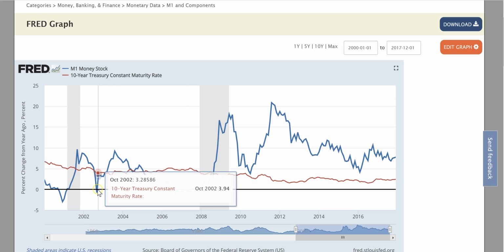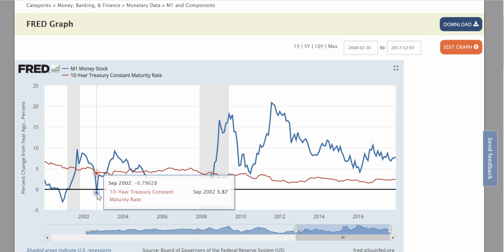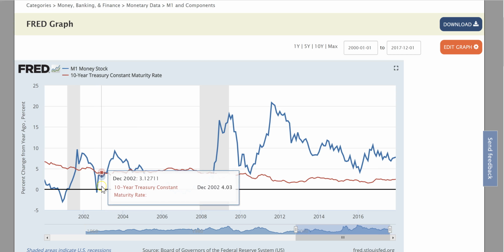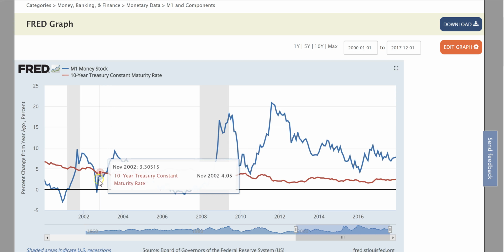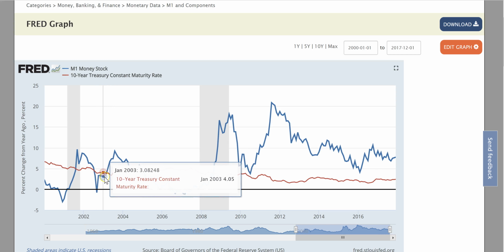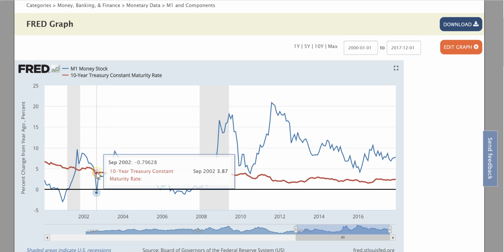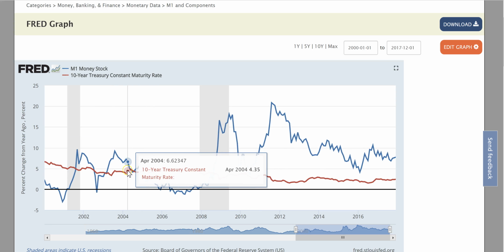Then we have a bottom here, which is September 2002, and then going up to August 2003. Then the money growth rate also experienced an expansionary period. So what about the interest rate? Interest rate during that period started from 3.87, and then went up to 4.45.